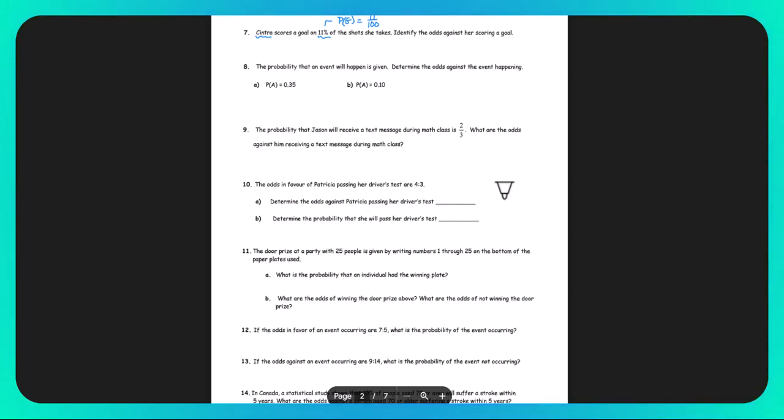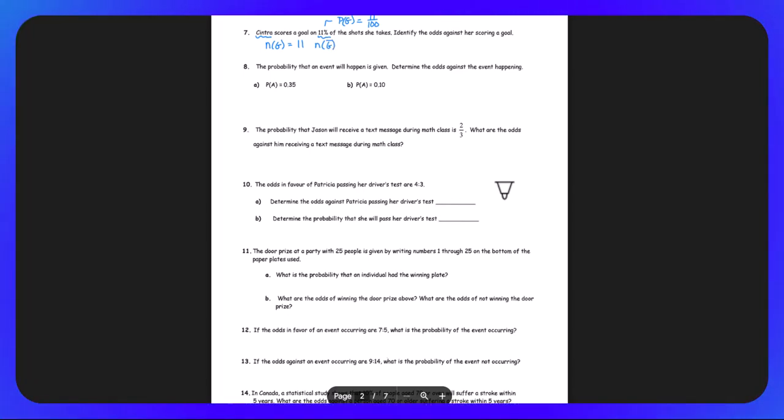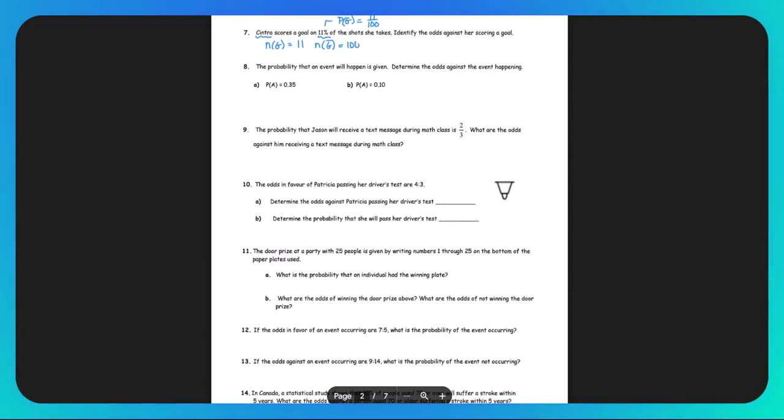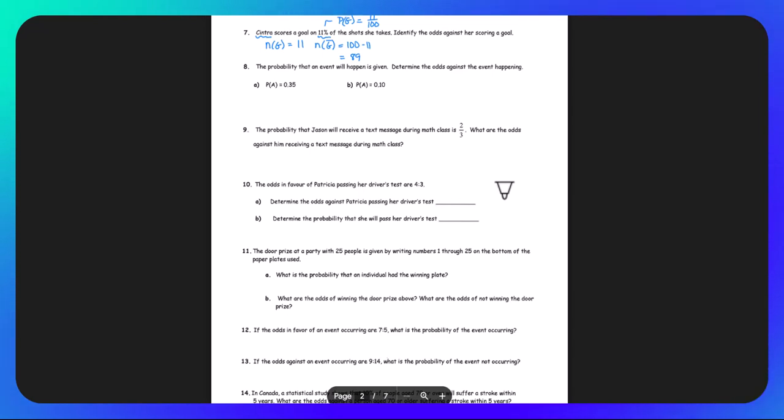Well, if the number of goals out of 100 is 11, that means the number of not goals is 100 minus 11, which equals 89. So what are the odds against her scoring? Well, the odds against her scoring are the number of not getting a goal to the number of getting a goal. So that's going to mean we have 89 to 11.